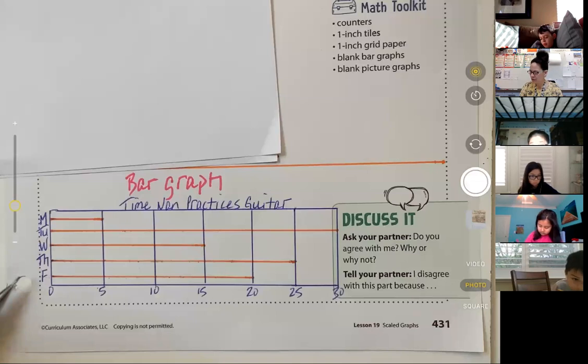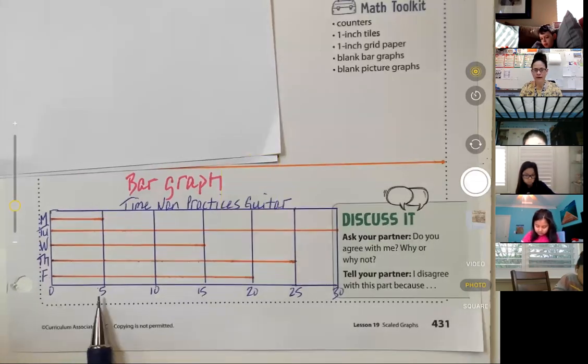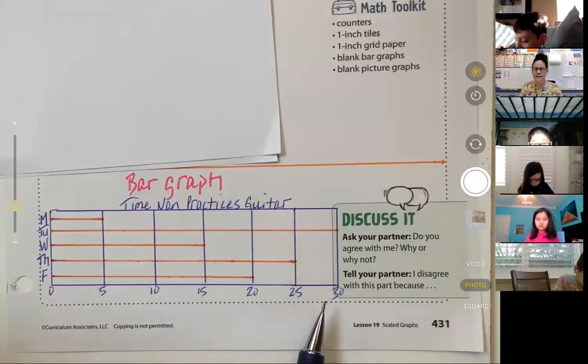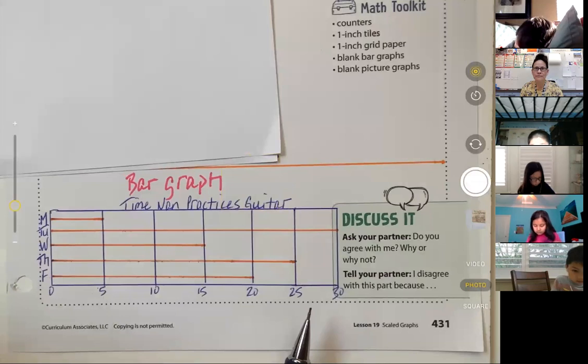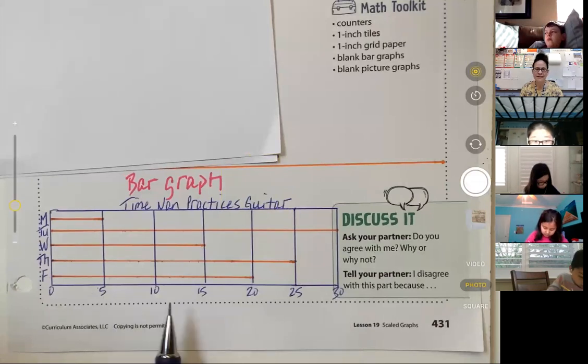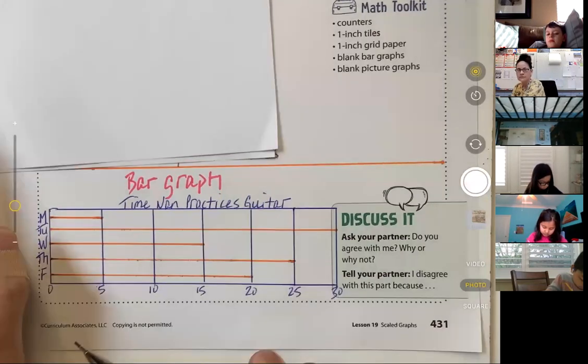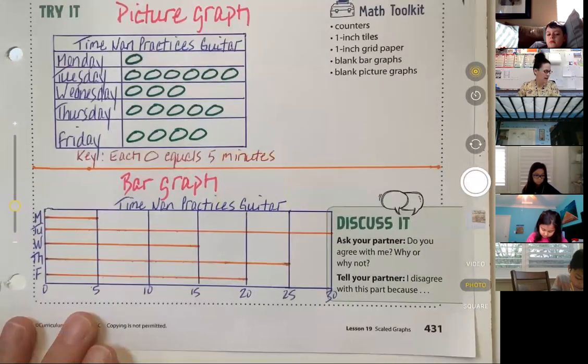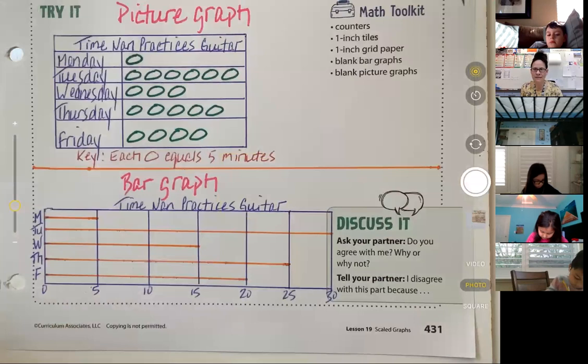And then down here, of course, here's the scale. 5, 10, 15, 20, again, increments of 5, friends. Same as the key for the picture graph. So if I were to relate this scale down here to the picture graph above, what could I do to help my brain so that I remember I'm representing the same data?